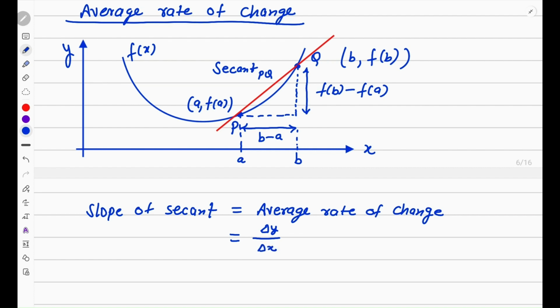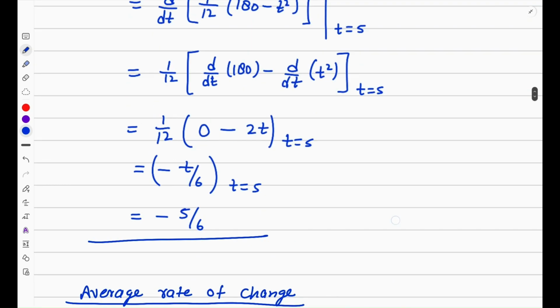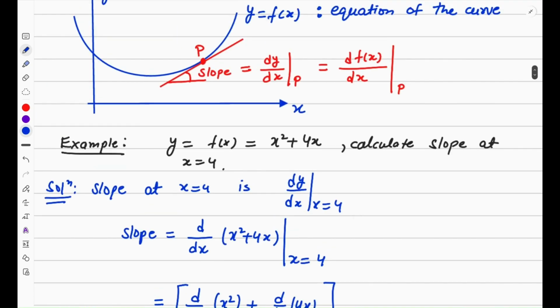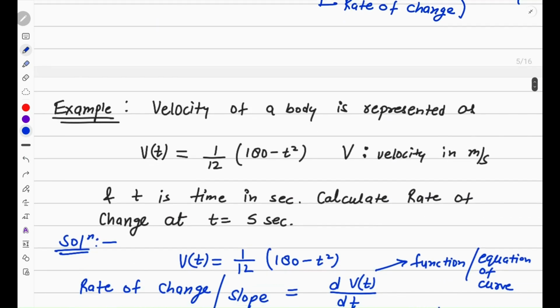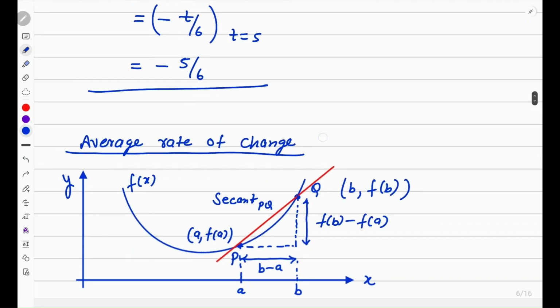But here both points, x2 and x1, are on the curve. In the tangent, we only had one point on the curve and another point was on the line. So that is the difference between the tangent and the secant.